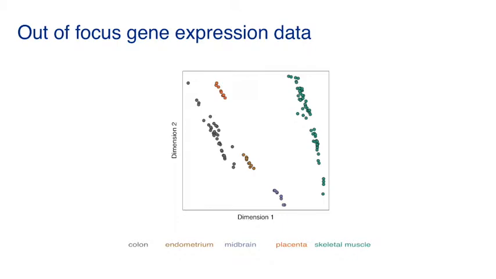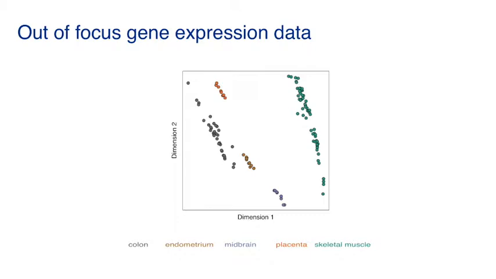The distance between 2 points in this plot, these are the first 2 principal components, which explain probably 25 to 30% of the variability. So the distance between this point and that point is a crude approximation of the distance between the 2 gene expression profiles.